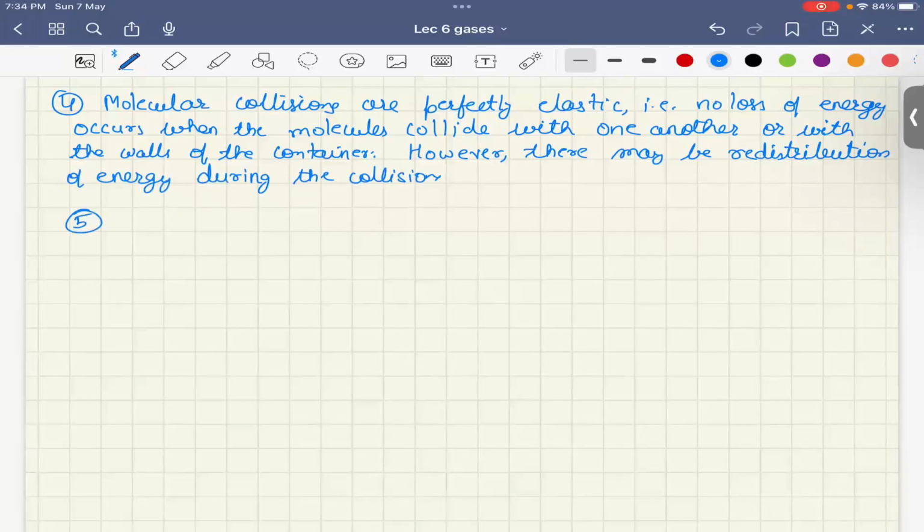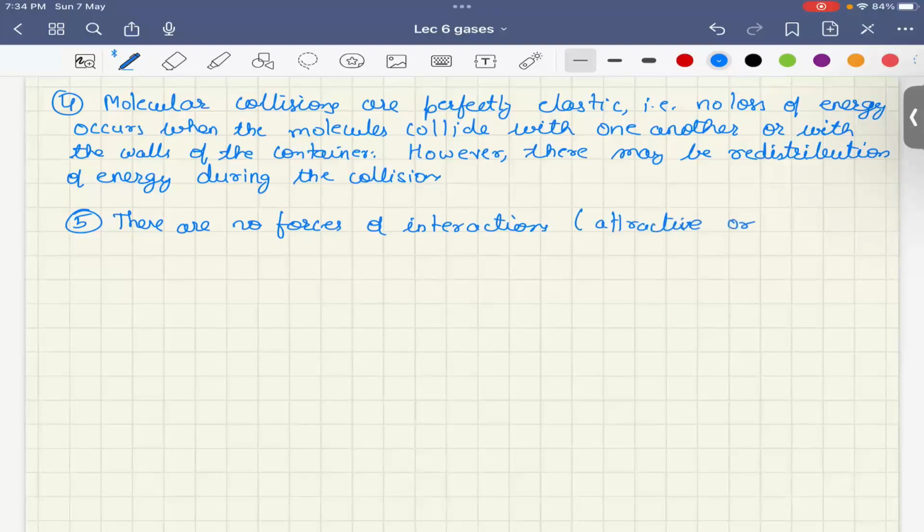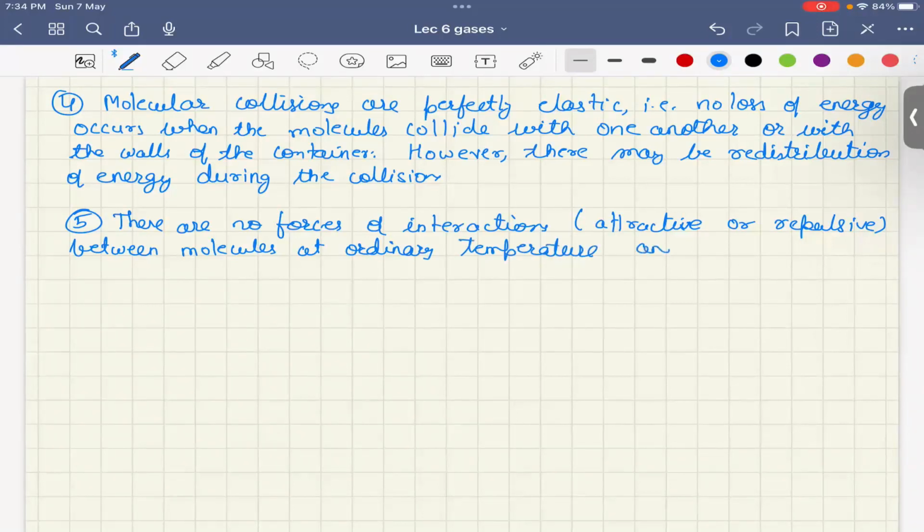The fifth postulate is that there are no forces of interaction, either attractive or repulsive, between the molecules at ordinary temperature and pressure.